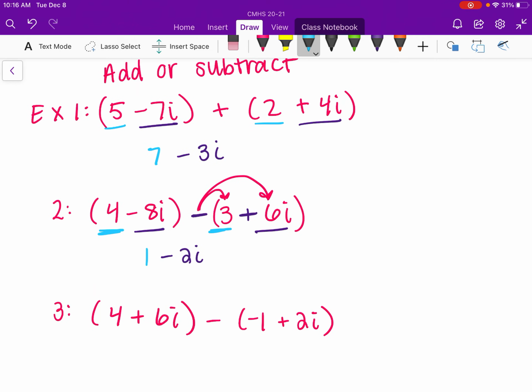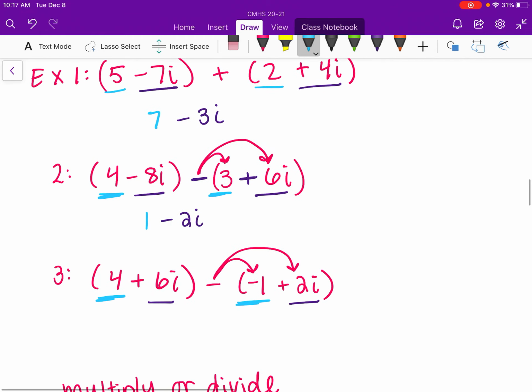And example 3, our last one. Remember, the 4 and the negative 1 go together, and the 6i and 2i go together. And we're going to be distributing again because this is a negative. So 4 minus negative 1. This is the same thing as 4 plus 1, which is 5.